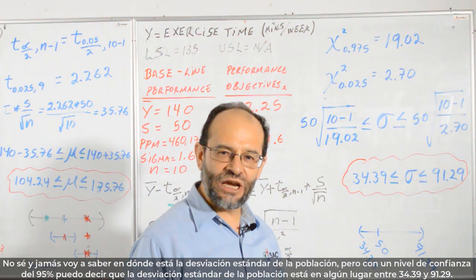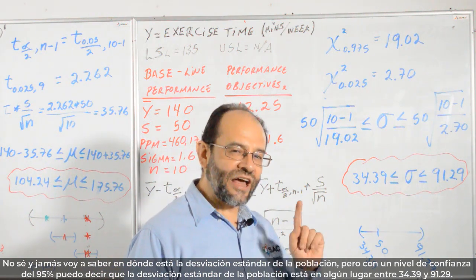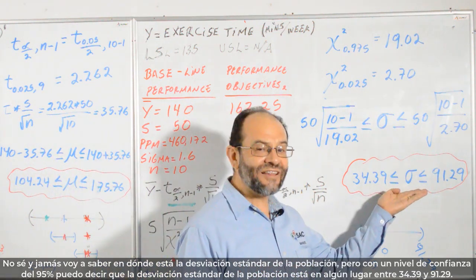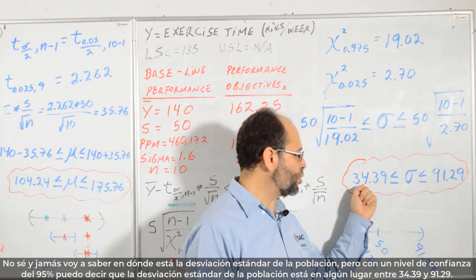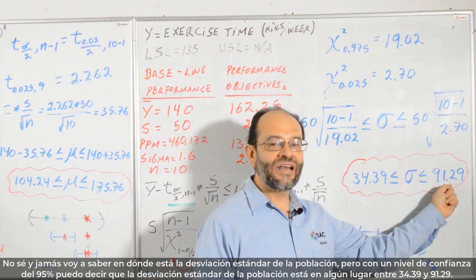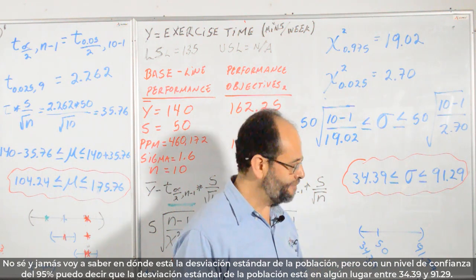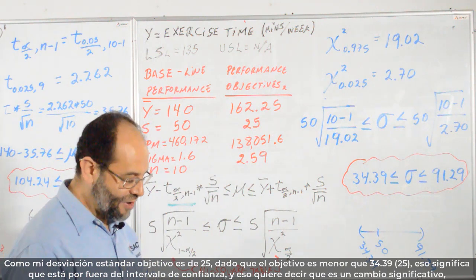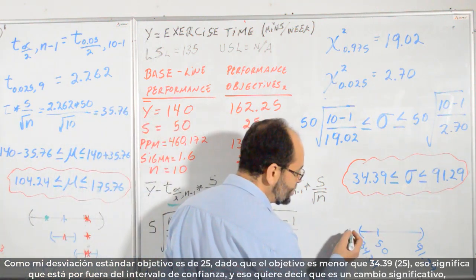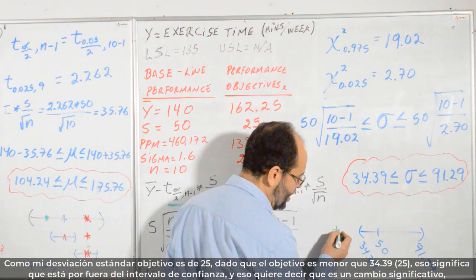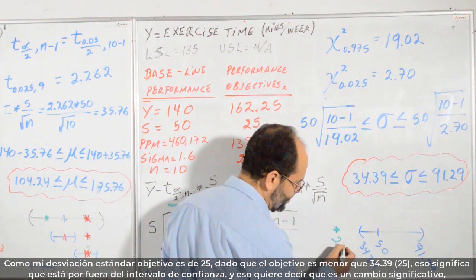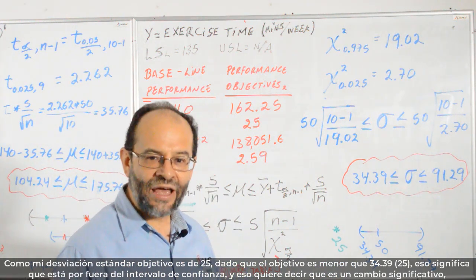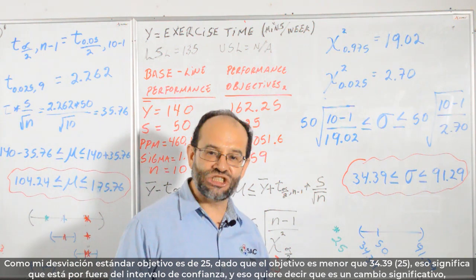But with a 95% confidence level, I can tell you that the standard deviation of the population is somewhere between 34.39 and 91.29. My objective standard deviation is 25, which is smaller than 34.39. That means it is outside the confidence interval, and that means it's a significant change.